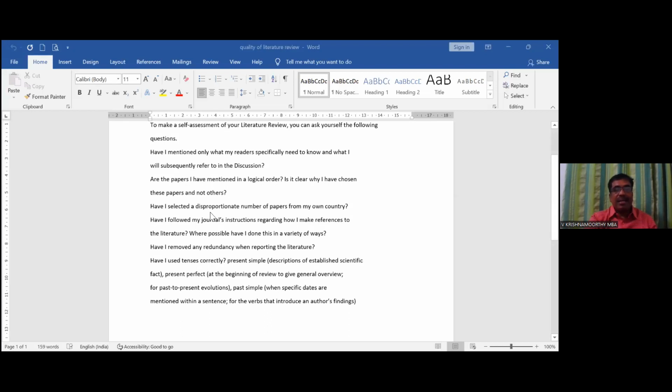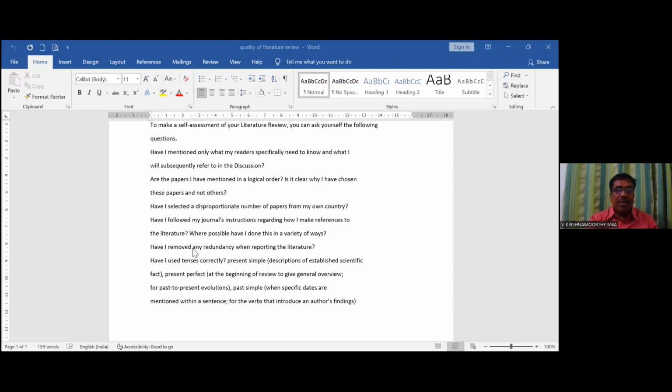Have I selected a disproportionate number of papers from my own country? You should not select review of literature from only one country. That is not good, or only one state, or only one district, or only one gender. Have I followed my journal instructions? Sometimes when you submit your research paper to journals, you are supposed to follow the guidelines given by the journal.